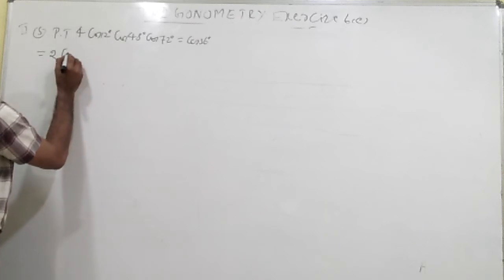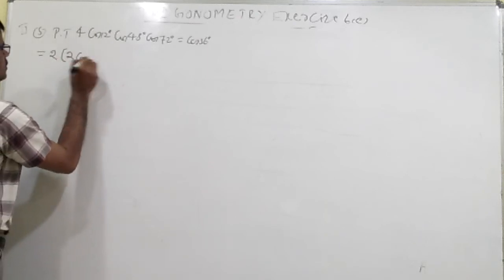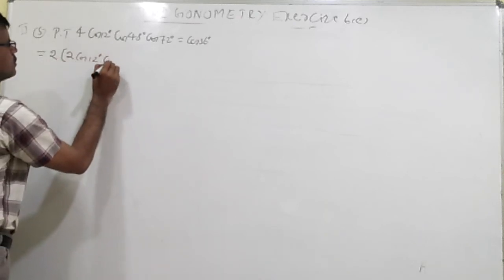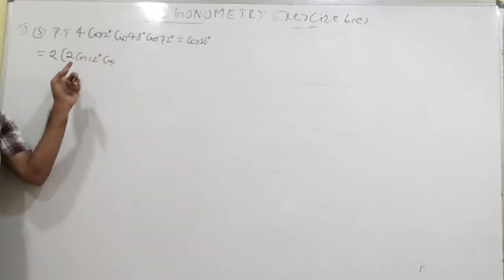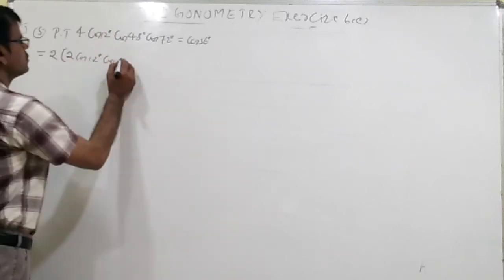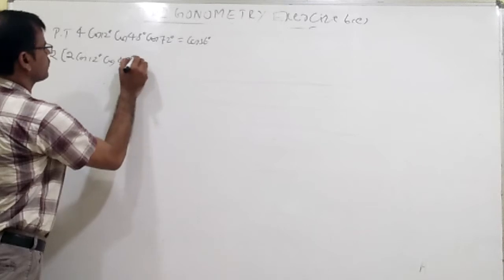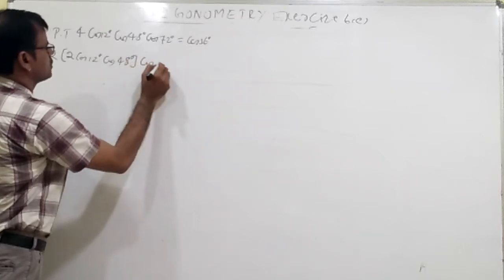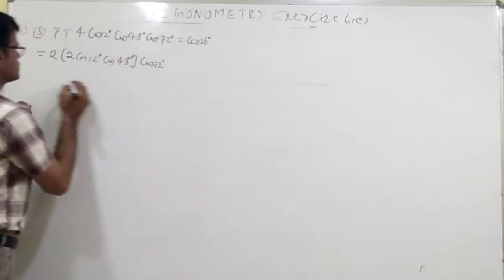Only 12 and 48 we can take, 2 into, like this. 2 into 2 cos 12 cos 48 into cos 72 degrees.